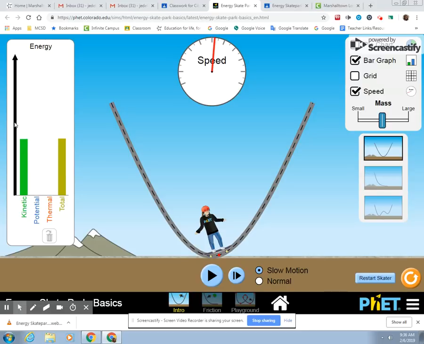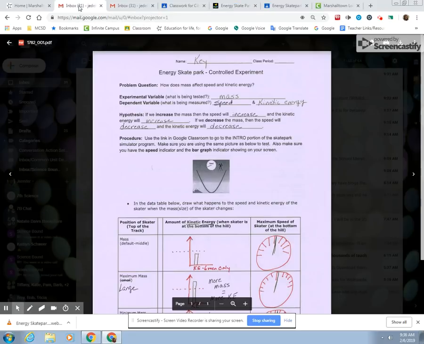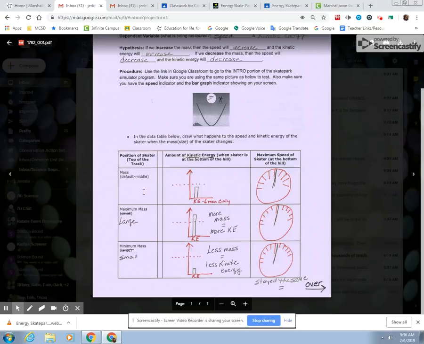I remember we were making a little halfway point on ours so that we could use that as a reference point. So with the default, with the mass in the middle, I got that the speed was just a little over the line from straight up and down. And the kinetic energy bar was slightly below halfway up the arrow.